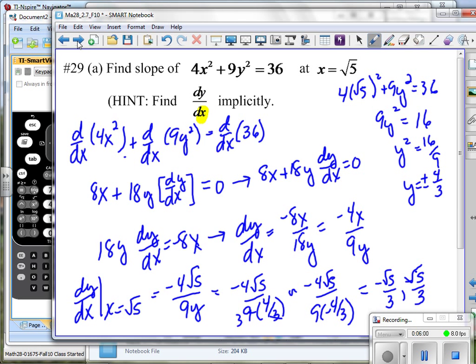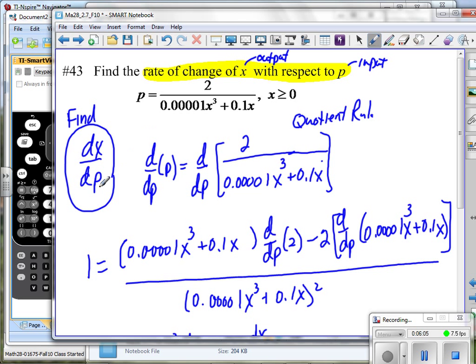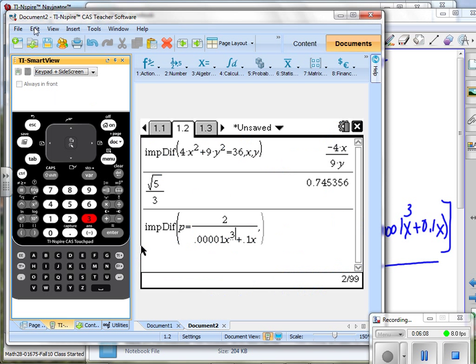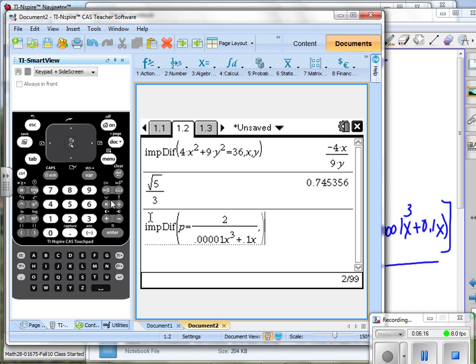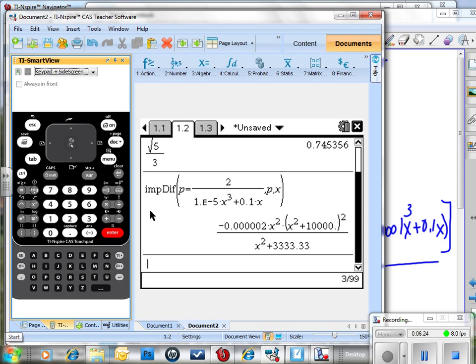Here we're going to have to do what? Comma, yeah, because p is our input, so we're going to have to say comma p. Whoops, my cursor where it should be. Comma p, comma x. Now, is that the same thing we got?